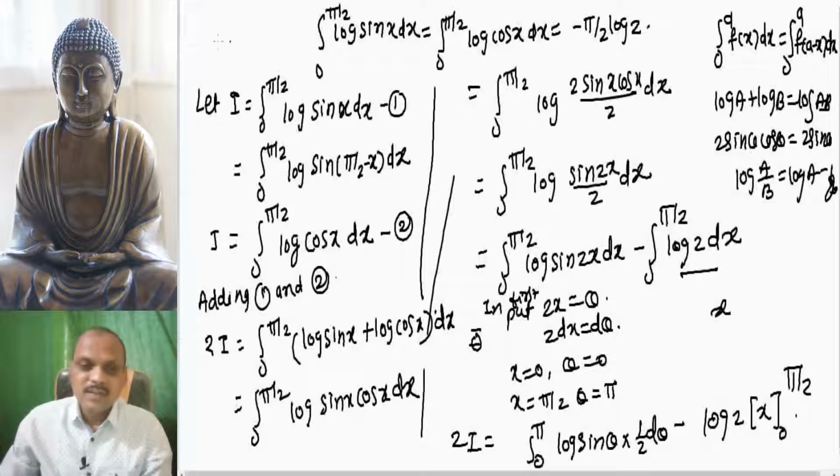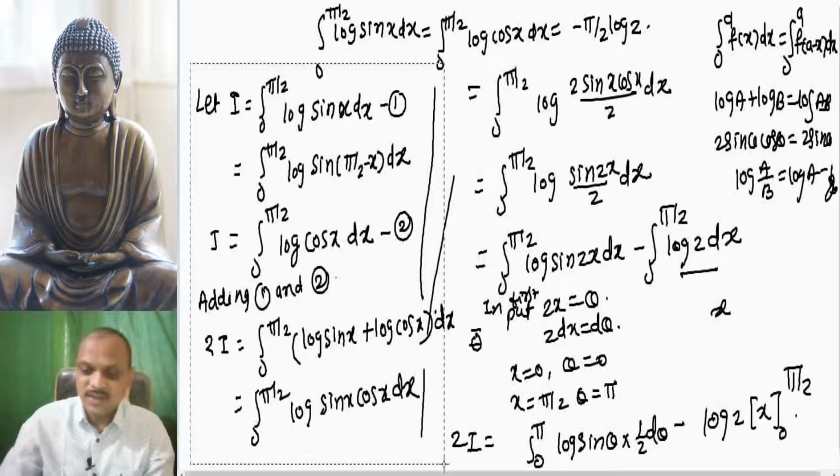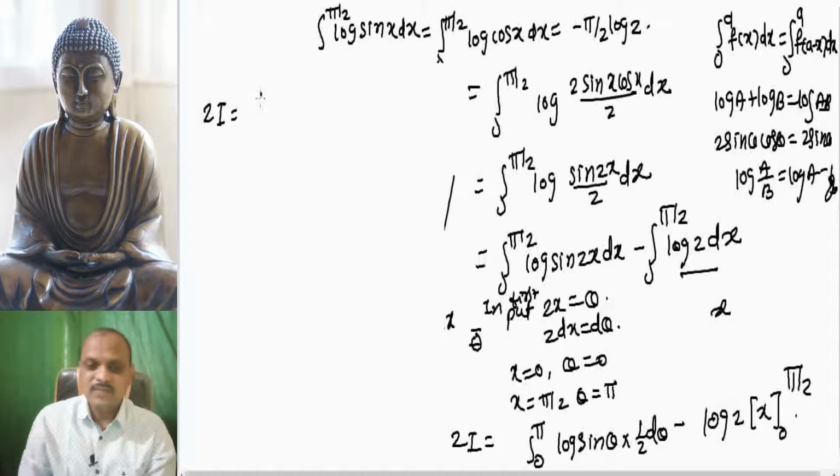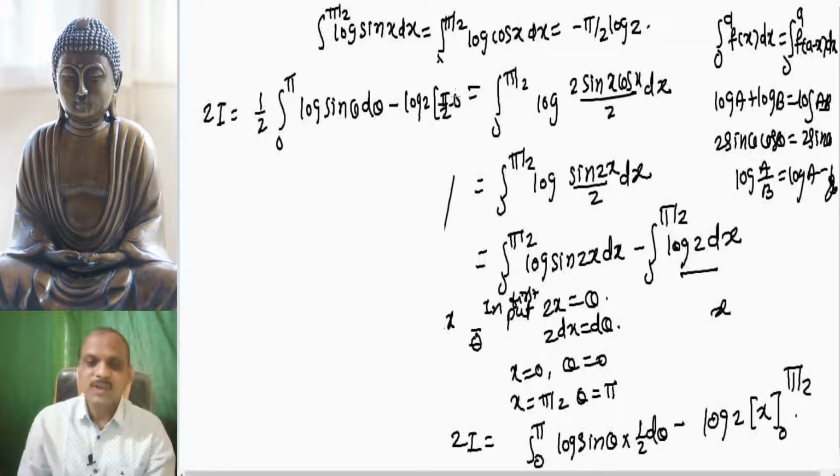Now friends, let us evaluate the first integral, and let us apply property number 6 of the definite integral. 2I equals 1 by 2 times the integral from 0 to pi of log of sin theta d theta, minus log 2 into pi by 2 minus 0.